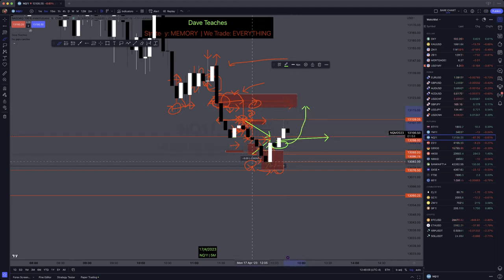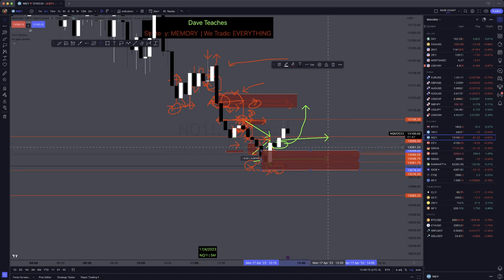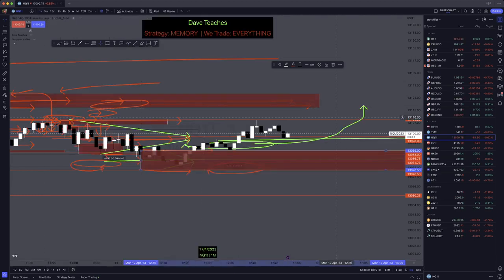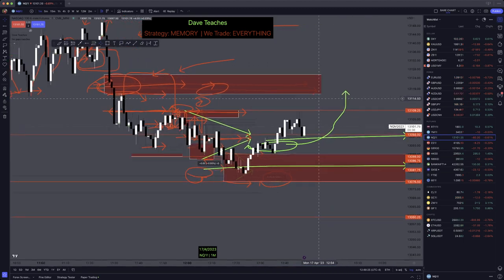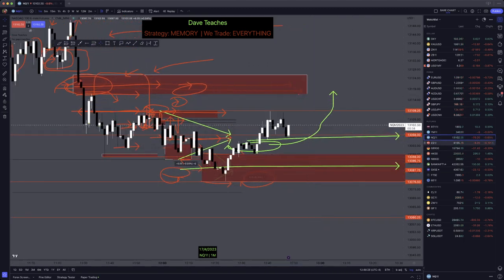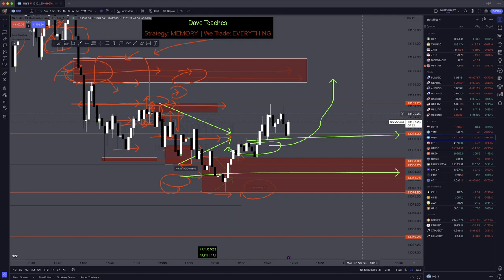If we don't get that, we come back to the origin of the move, which is right below here for NASDAQ. And then you get a dip into here and a push back within the range. So it could just continue to range for this lunch hour if we don't get a move out of here.